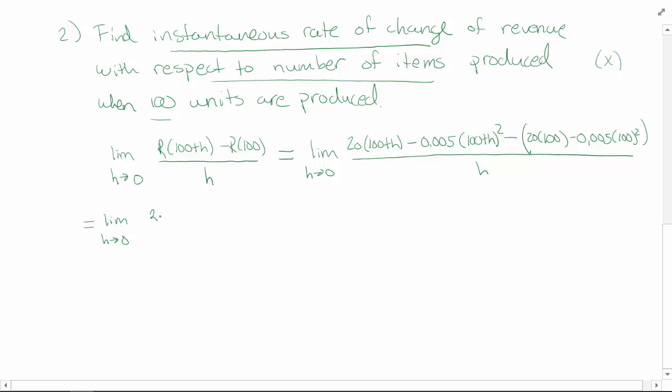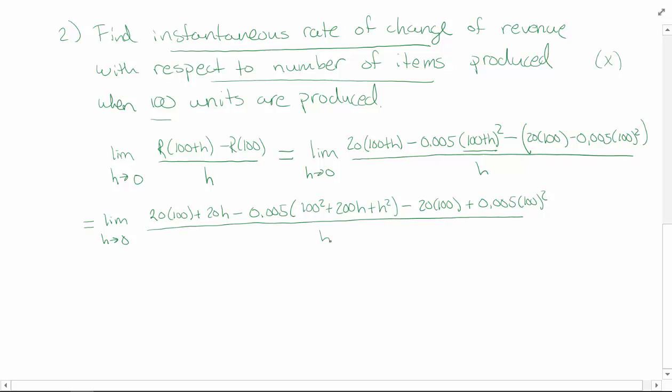So send that 20 through. 20 times 100 plus 20 times h minus 0.005 times, and if we expand this 100 plus h squared, we get 100 squared plus 200 times h plus h squared, minus 20 times 100, if we start on this last part in the parentheses, plus 0.005 times 100 squared, all divided by h.